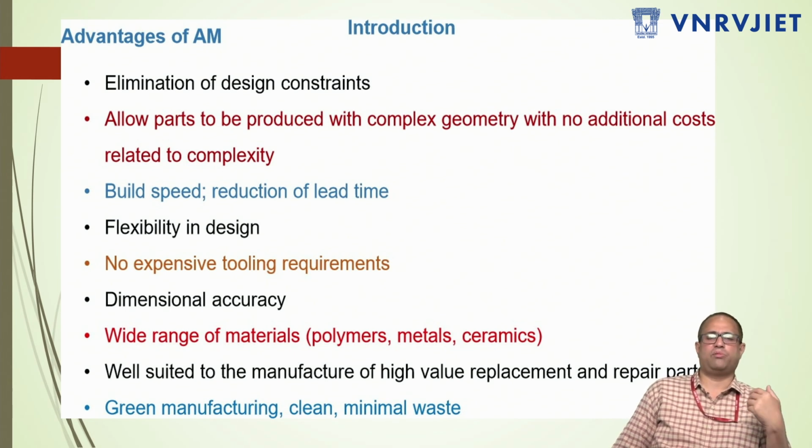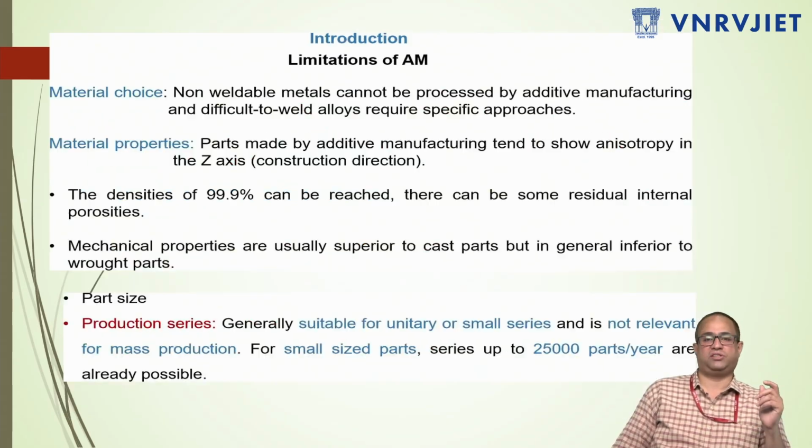When you go for subtractive manufacturing, a lot of scrap is generated in the form of chips. If you go for CNC, if you go for drilling, there are n number of metal cutting operations, and those operations generate much waste. But in additive manufacturing, it is reduced to very minimal waste.